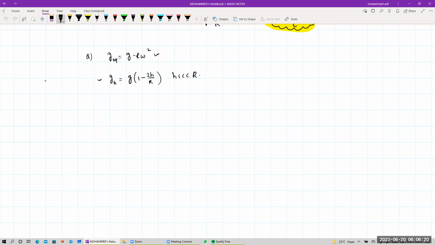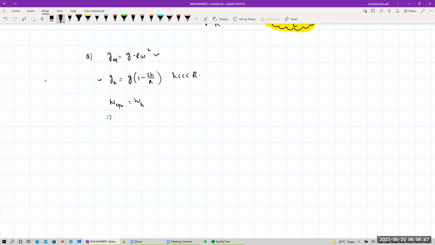Acceleration due to gravity on Earth's surface at the pole is given as g, and angular velocity of the Earth about the axis passing through the pole is omega. An object is being weighed at the equator and at a height of h above the poles using the spring balance. If the weights were found to be the same, weight at your equator is equal to weight at your certain height.